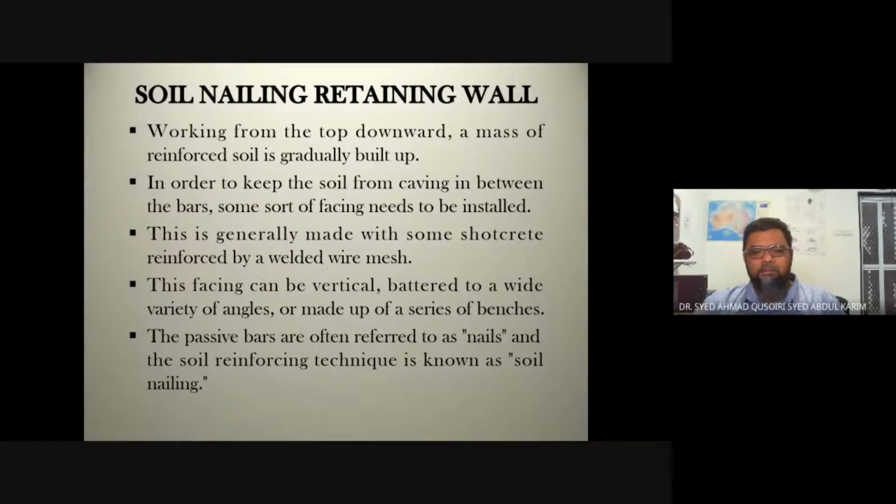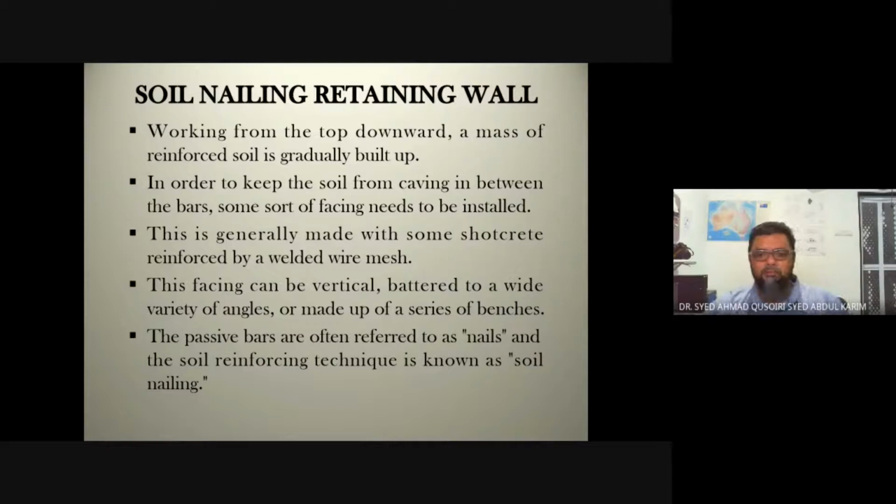This facing can be vertical, or at a wide variety of angles, or made up of a series of benches. So you can use this if you have a vertical face or an angle, or it is staggered in benches.